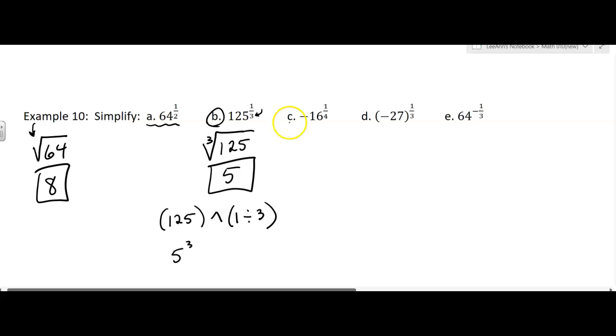Okay, now let's look at C. Notice that this has a negative sign in front of it. That means that that 1/4, that exponent, is not on that negative sign. So it's the negative of the 4th root of 16. If they'd written negative 16 in parentheses to the 1/4, that would be a different situation.